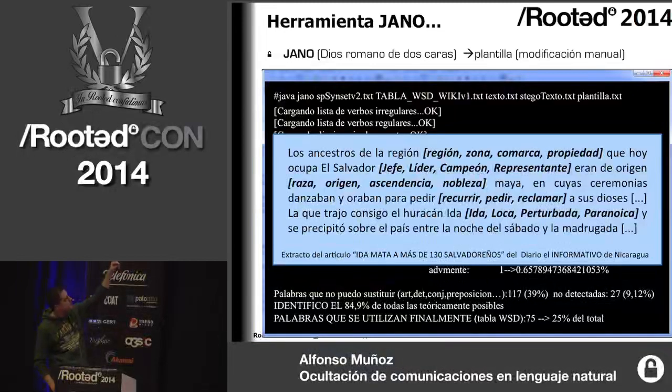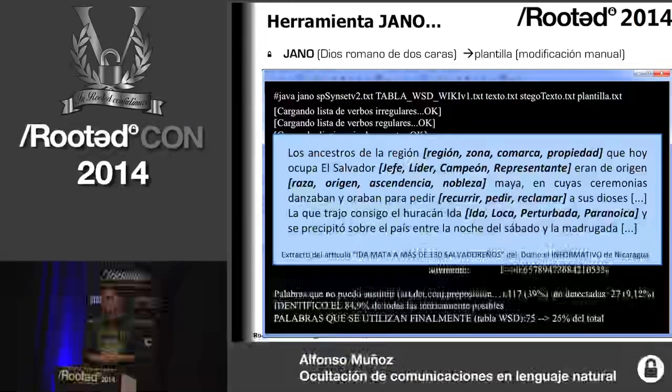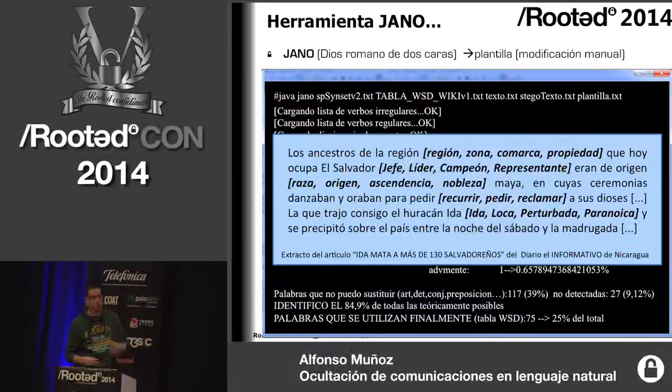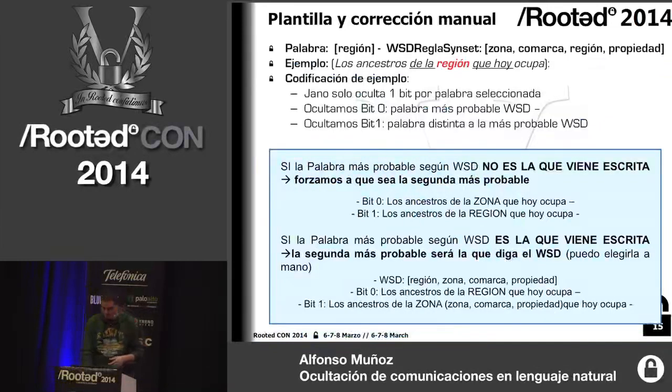For instance, Salvador City. It says that savior is equivalent to chief, leader, champion, representative. Well, we know that this is a mistake, this is wrong, and automatic algorithms would eventually detect that error.